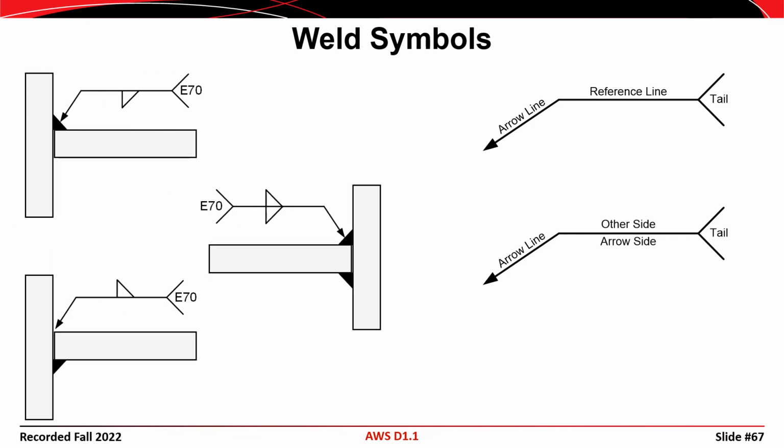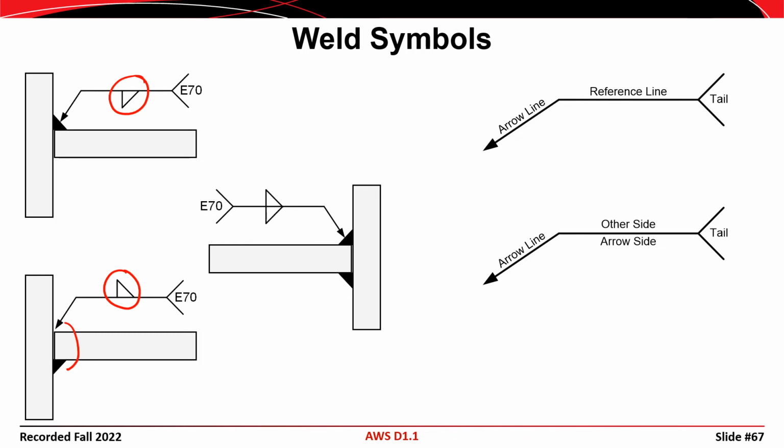So for example, consider these three T-joints that are shown here. In the upper left, you have a fillet weld. So the fillet weld symbol is shown there, and since it's on the lower part of the reference line, that means that the weld is placed on the side of the workpiece that is closer to the arrow. If we look down here, you again have a fillet weld symbol, but since that's on the top side of the reference line, that means that the fillet weld is supposed to be placed on the other side of the workpiece.